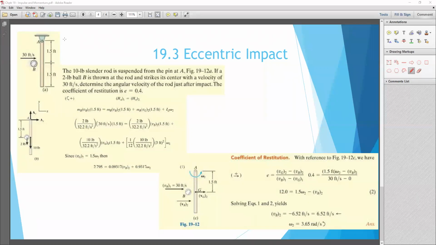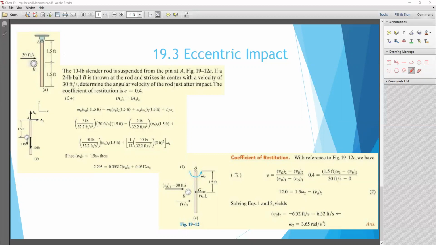There is a ball B here, and the weight of the ball is 2 pounds, and it is thrown at this particular rod and strikes at the center with a velocity of 30 feet per second.